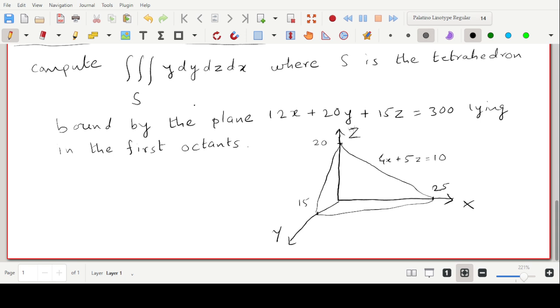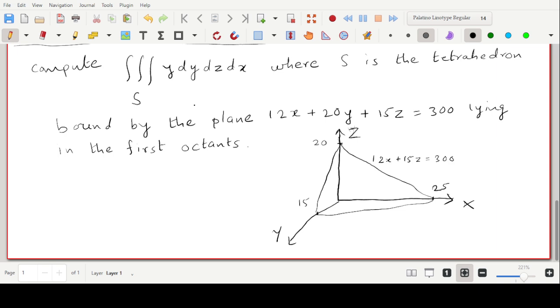So maybe we can keep it as it is. Maybe it is unnecessary, because afterwards, 15z equal to 300. All right, fine, okay.